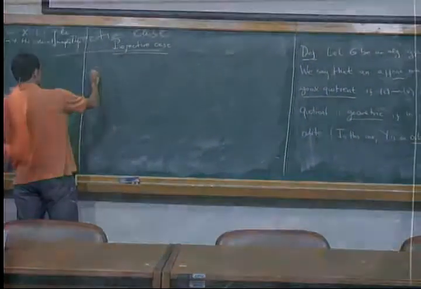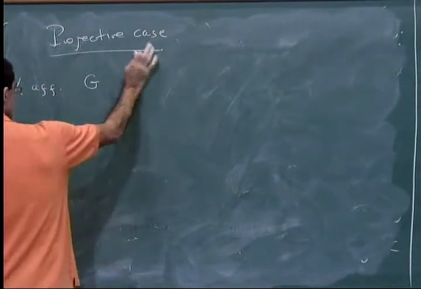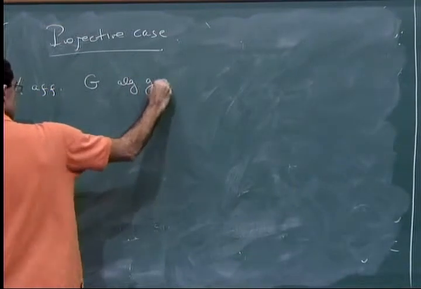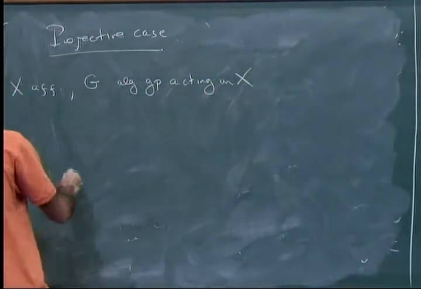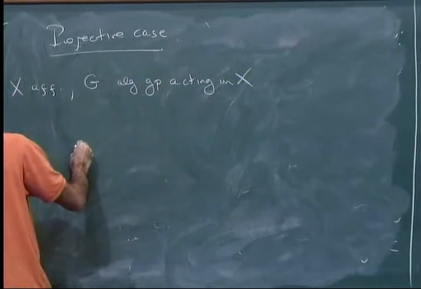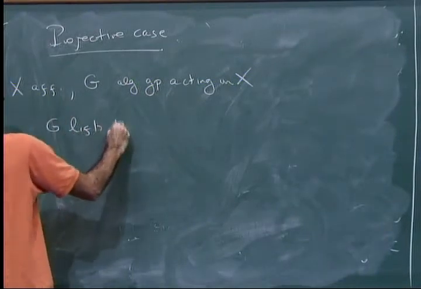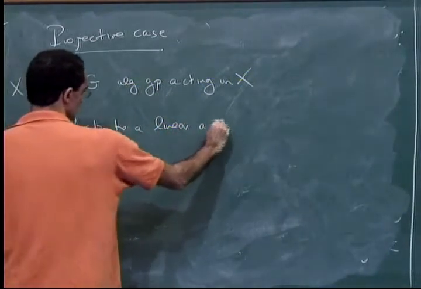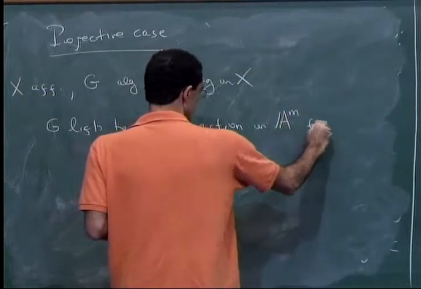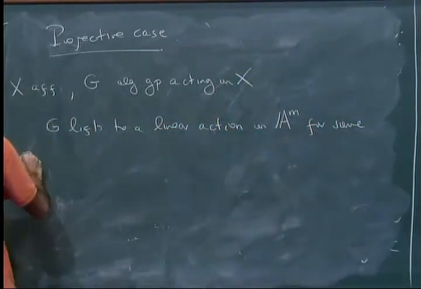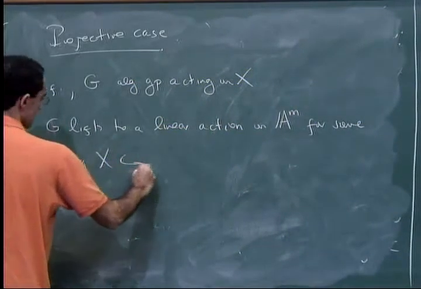So if you had an affine variety and an algebraic group acting on X, what we showed is that you can lift this action to a linear action, so action by linear transformations, on A^m for some embedding of X into A^m.